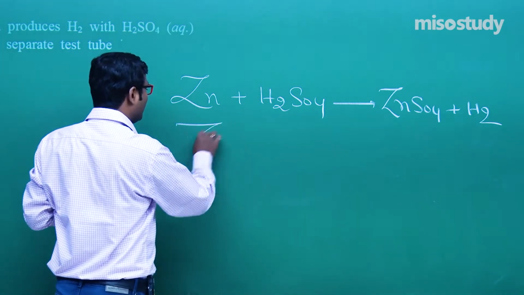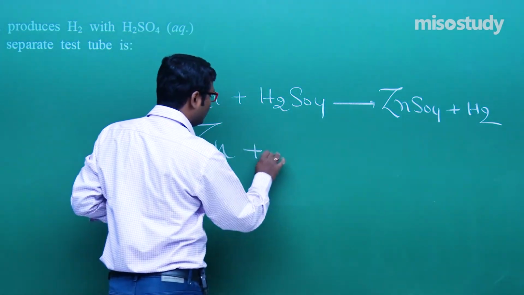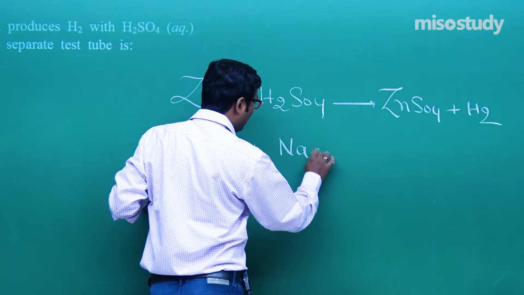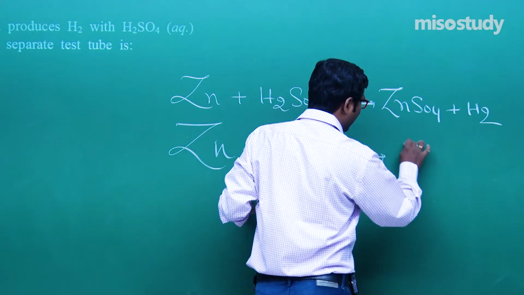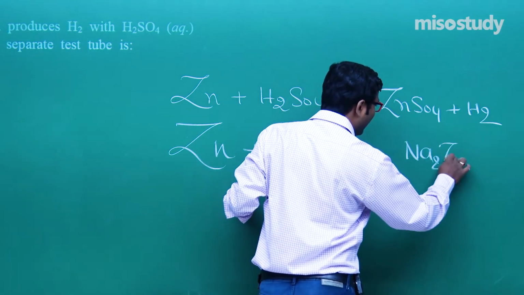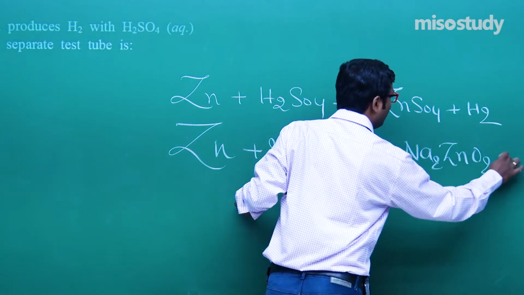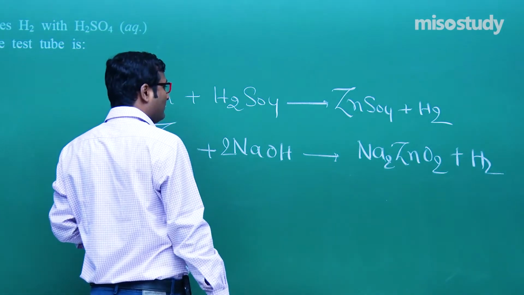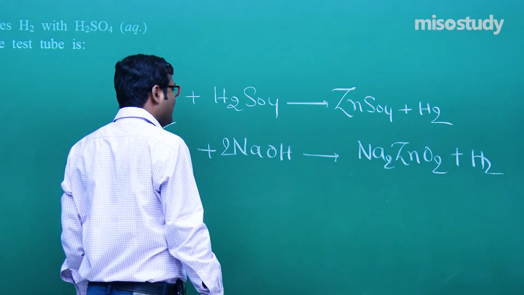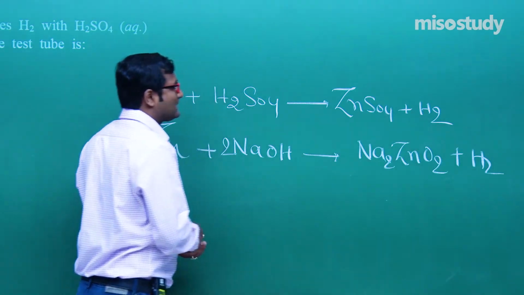Now when Zn is treated with NaOH, it forms Na2ZnO2 plus H2. Clear to you? Okay, what I'm telling, Na2ZnO2 plus H2.